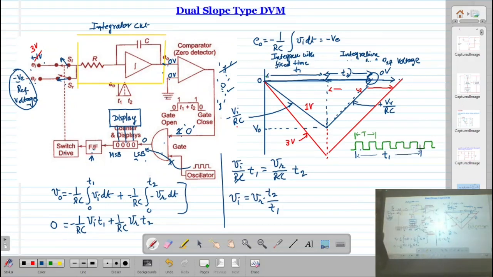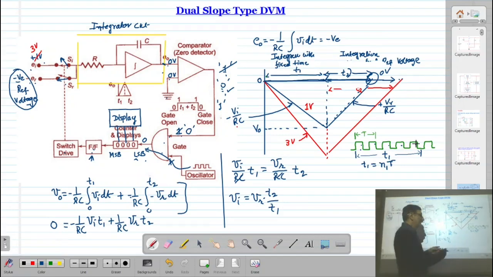So T1 is equal to 5 into T, or you can say it is N1 into T.